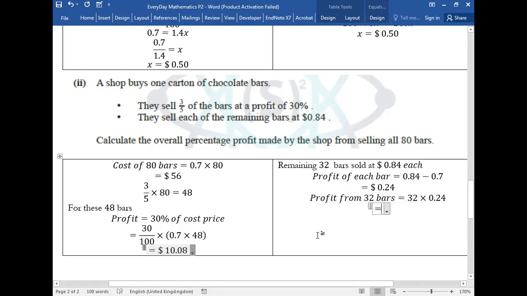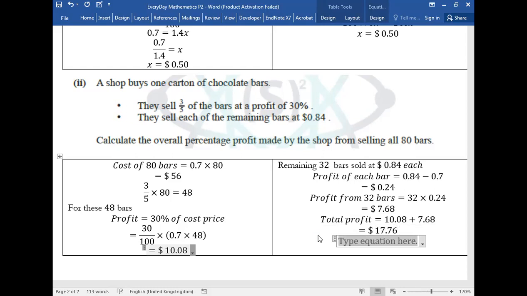What is the profit from the remaining 32 bars? Remember, we are only focused on the profit. Yes. 7 point. So total profit is, which is, I hope you haven't done, I'm trusting you with the values.